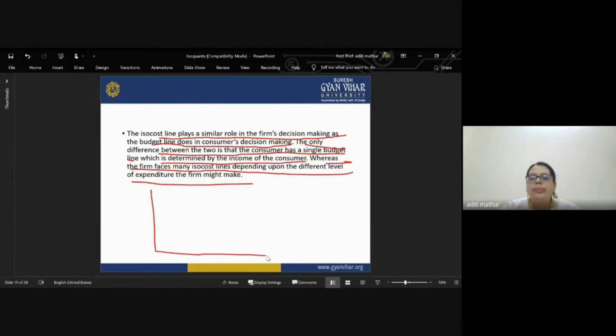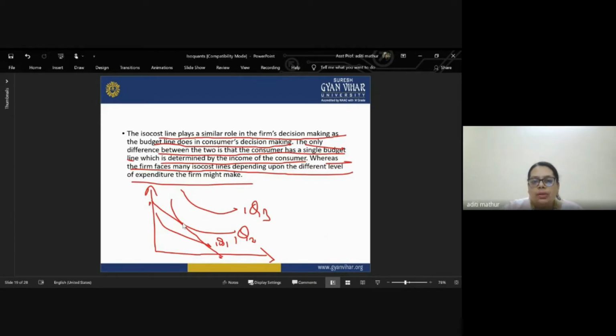So if we plot our IsoQuant curves, that is IsoQuant curve 1, IsoQuant curve 2, IsoQuant curve 3, and this is our IsoCost curve.